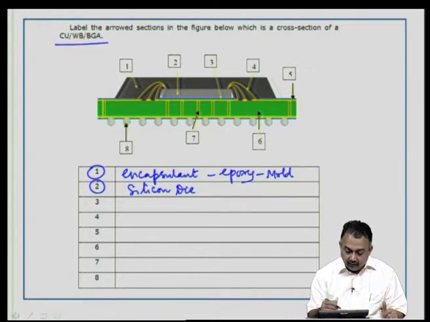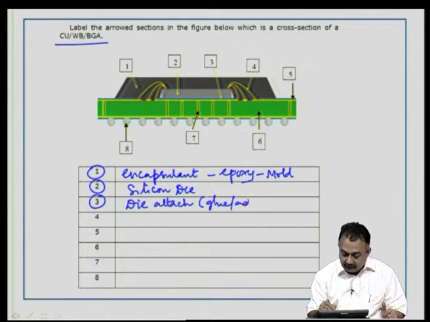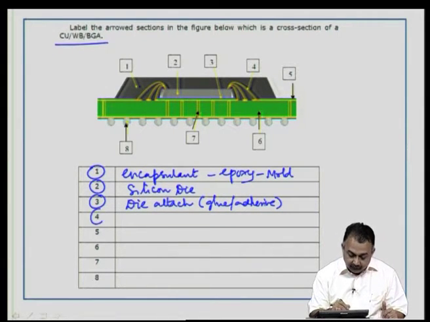Okay. The third one that you are seeing in this figure is the die attach. It can be a glue or adhesive, as you can call it, but the general name given is a die attach material. Then the fourth one you see is a wire bond.